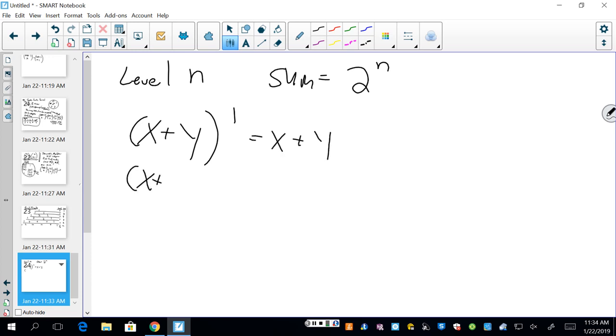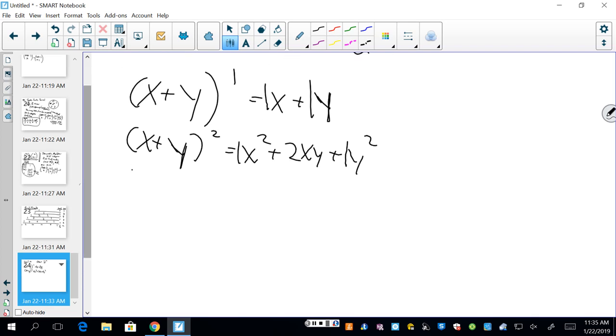What if you do x plus y squared? X squared plus 2xy plus y squared. You know that, but what are the multipliers on that? Here's 1, here's a 1. Right? And there's 1 on this, and 1 on that.